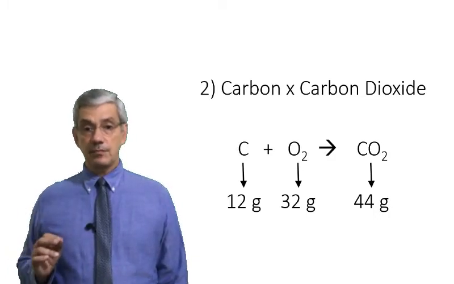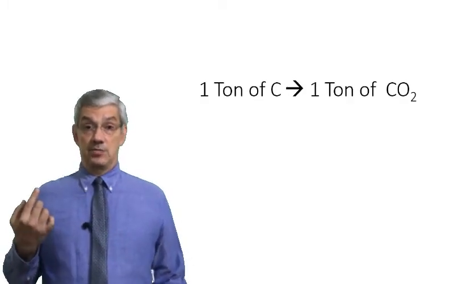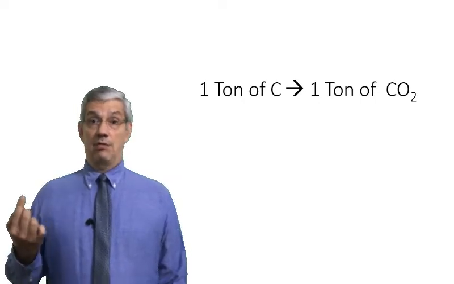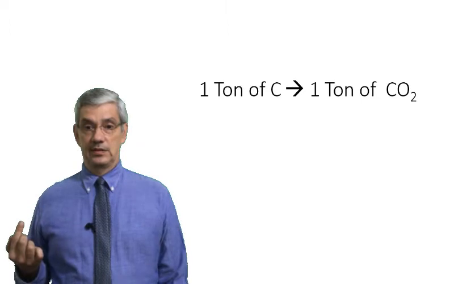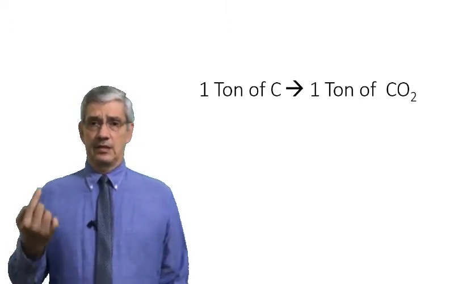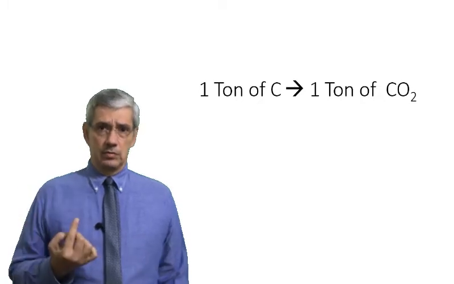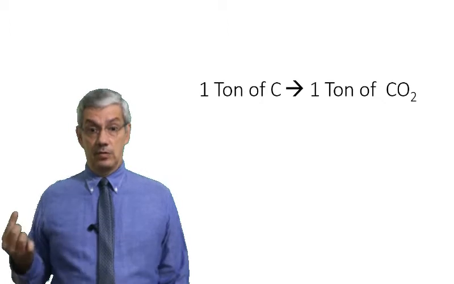That means that burning 1 ton of carbon will add to the atmosphere 1 ton of carbon in the form of carbon dioxide. Is this the same thing as saying that burning 1 ton of carbon will add to the atmosphere 1 ton of carbon dioxide?